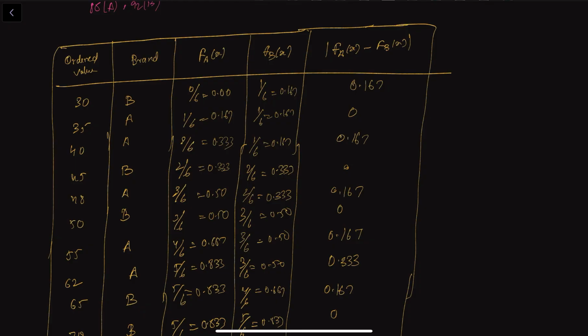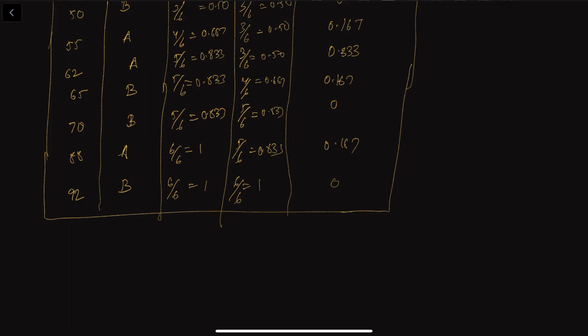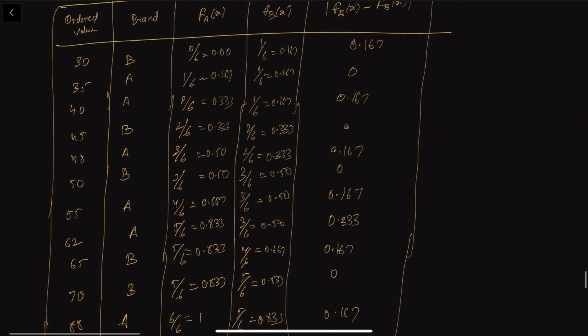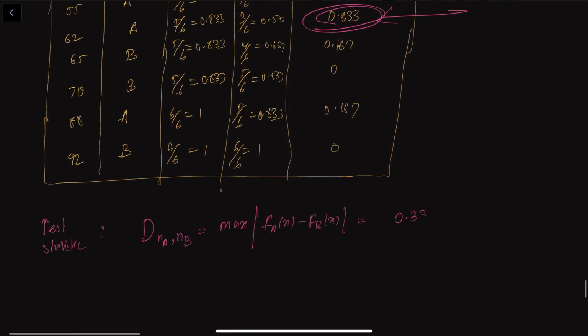Now the two-sample Kolmogorov statistic D_A,B is nothing but the maximum of the absolute differences, so this is our test statistic. As we can see, the maximum difference that we are having is 0.333.